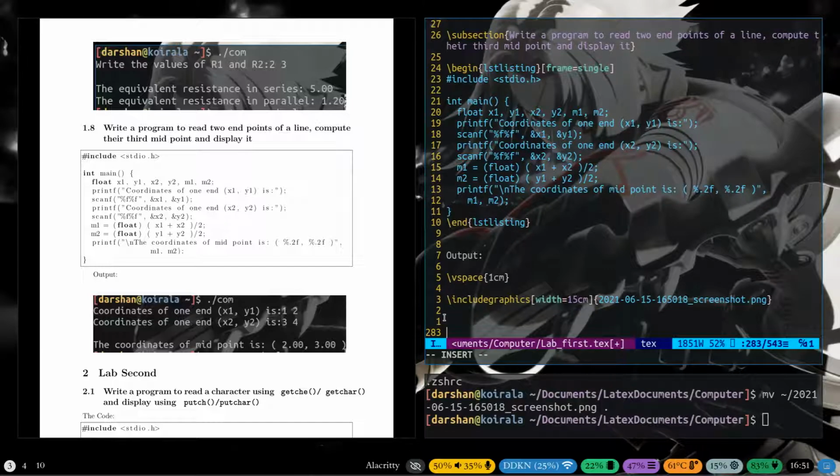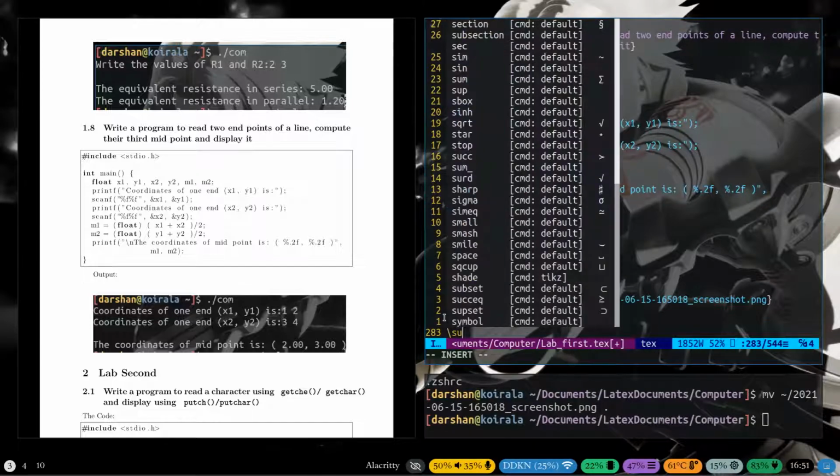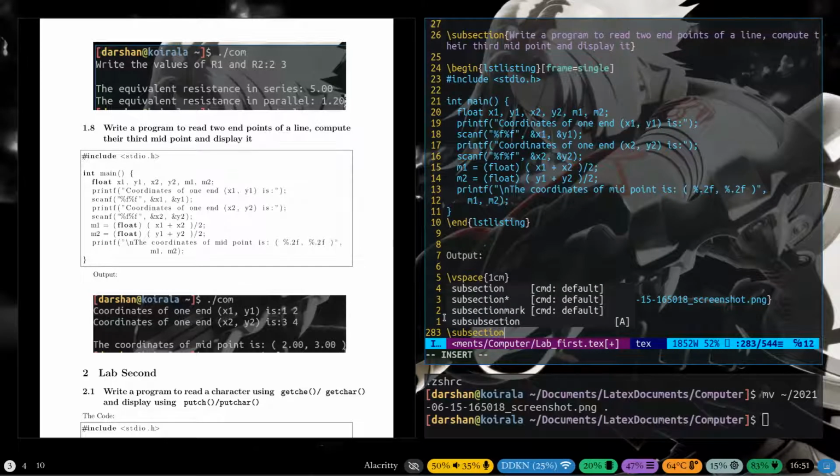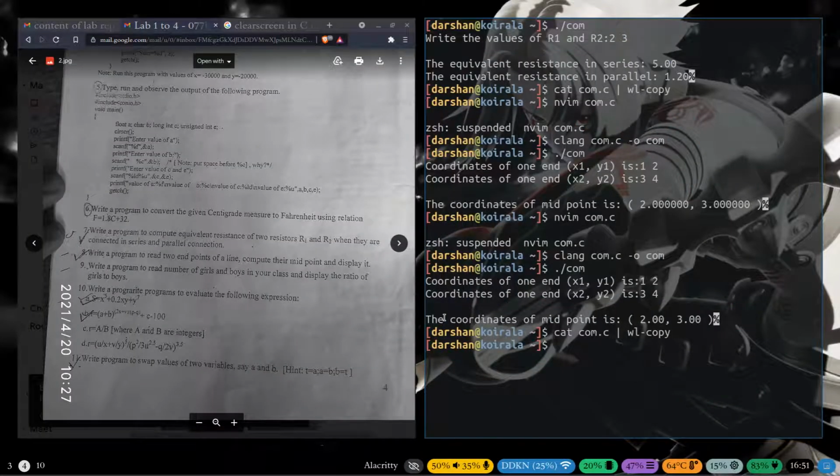And now the other subsection. What subsection? Deploy and display. Write a program to read number of girls and boys in your class and display the ratio of girls to boys.